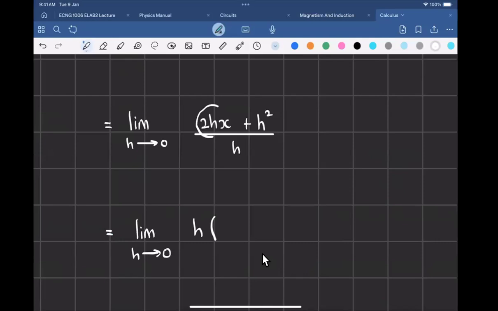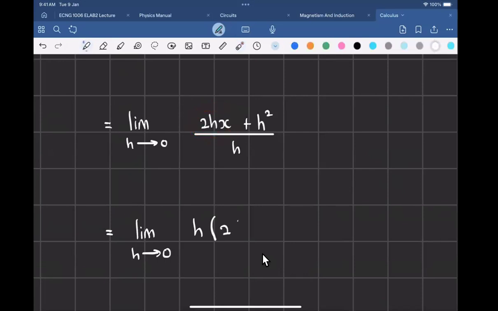So if we pull out the H from this, what would I write? If I pull out the H from 2hx, what would I write? Also you put 2 in the bracket.